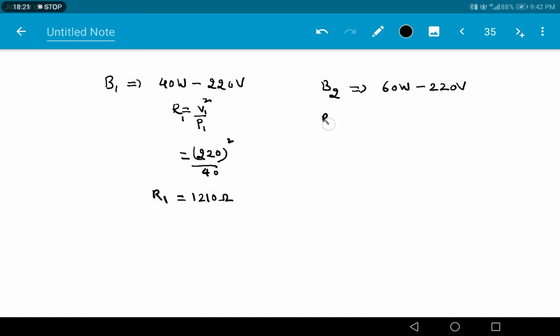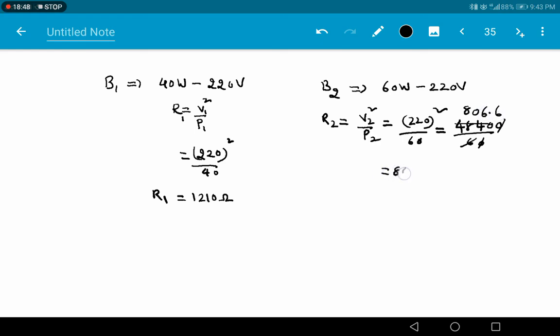Then what about the resistance of bulb 2? R2 is equal to V2 square by P2. So 220 square by 60, 48400 by 60, get cancelled. So nearly we can write 807 ohm.